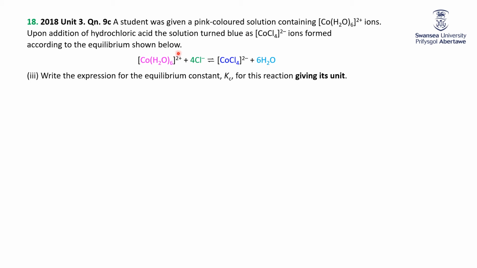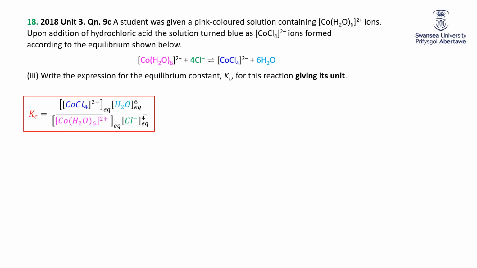Here's that nice pinky bluey one, but here we want to actually do some calculations. So what's the expression for Kc? Well, of course, it's righties over lefties multiplied using the coefficients, which here are a bit challenging because you've got 6 H2Os and 4 Cl minuses. For the units, you're going to have concentration times concentration to the 6 on top, divided by concentration times concentration to the 4 on the bottom.